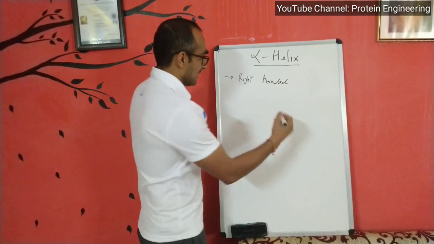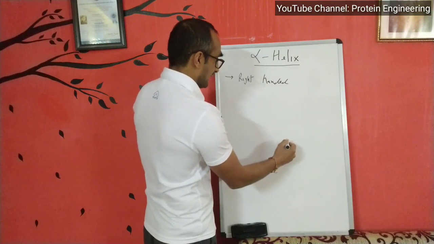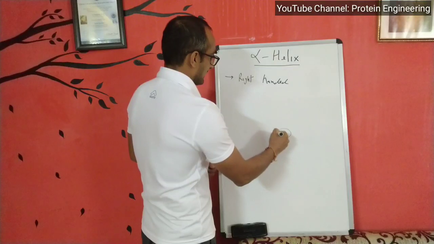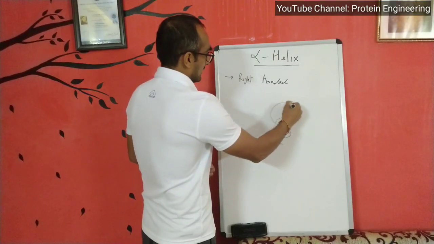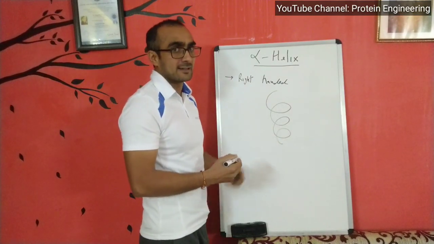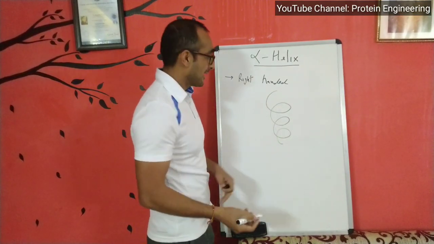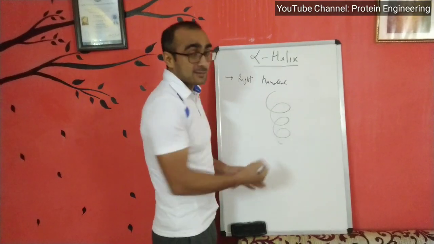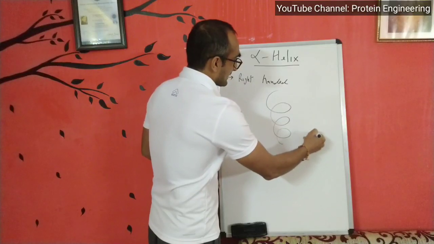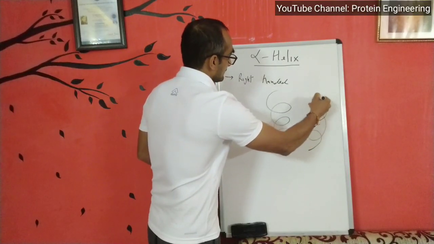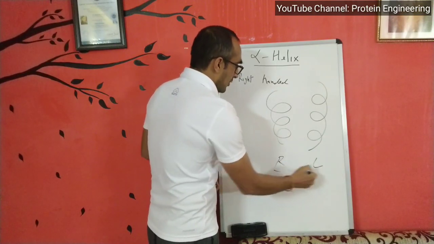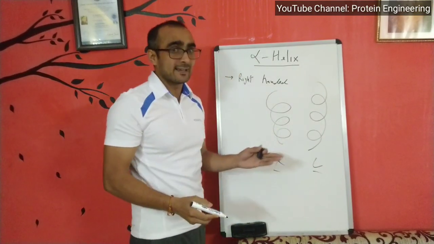For example, say the viewer is on the downside, and if you move it like this in a clockwise direction, this is called a right-handed helical structure, a right-handed helix. Similarly, if the helix is moving in an anti-clockwise direction, this is called left-handed. So there are two forms of helix that can be found, right-handed and left-handed.